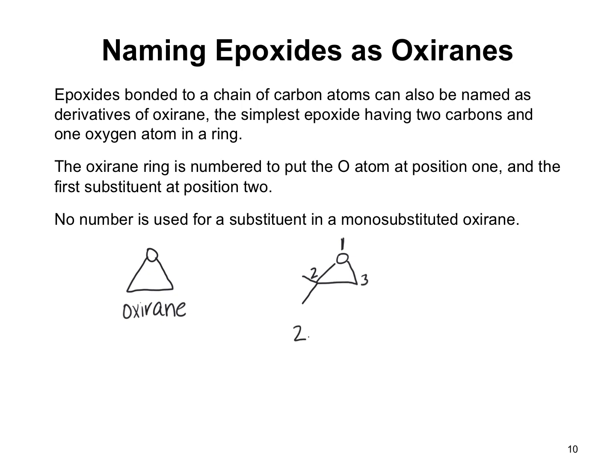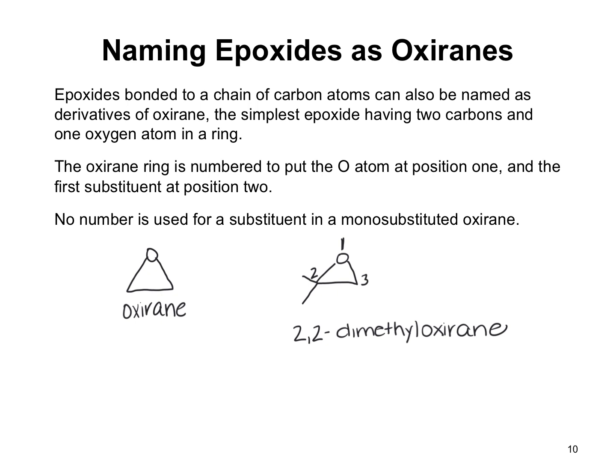So this would be, for example, 2,2-dimethyloxirane, right? No number obviously is used for a substituent in a monosubstituted oxirane. So just a few things to kind of keep in mind. I find that most people tend not to use the oxirane names anymore, but I do like to cover it in case someone does.